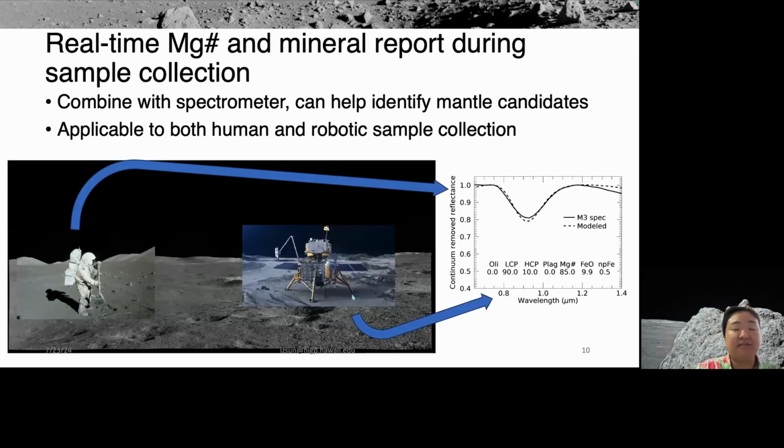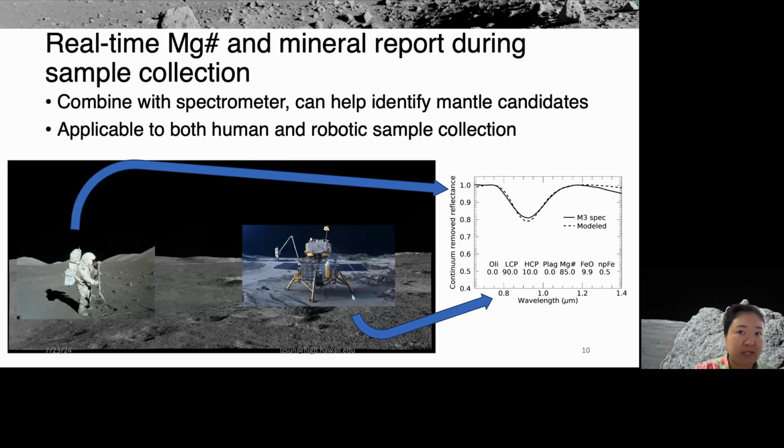And here is a schematic diagram. Imagine you are working on the surface. As long as you have a spectrometer attached to your astronaut spacesuit, or a lander or a rover, you can just do a quick scan of the local area with the software, then you can very quickly find the materials that you are most interested in.